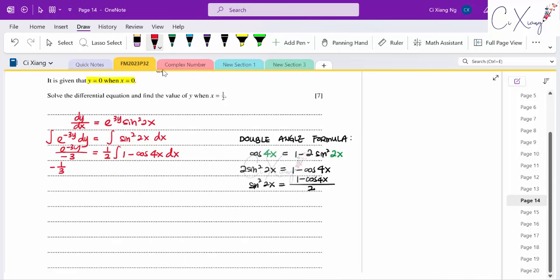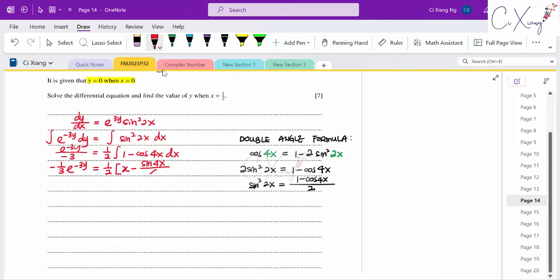I try to rewrite nicely for my answer on the left hand side. Half is a half. Integrate 1, I will get x. Integrate negative cos 4x. Integrate cos, I will get sine, so sine 4x. Differentiate the 4x, I get a 4.